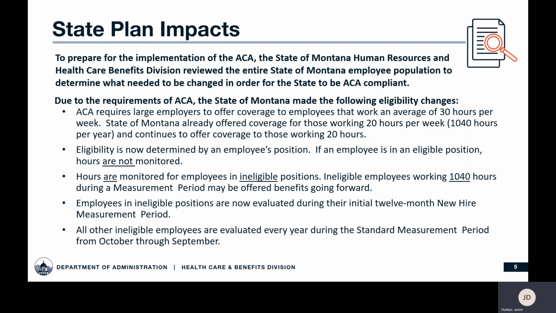New employees hired in ineligible positions are measured from their hire date for 12 months. All other ineligible employees are reviewed during the standard measurement period from October through September of each year. If an ineligible employee works over 1,040 hours during the applicable measurement period, benefits may be offered going forward for a stability period.